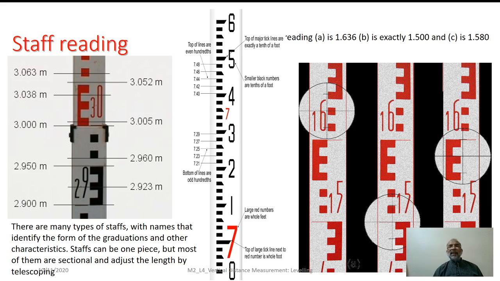Then we have to read the rightward figure, which reads the centimeter, and lastly we have to take the reading corresponding to that particular graduation with respect to whether the horizontal hair is coinciding with the bottom or the top, so that it will help us understand that 5 millimeter division part.